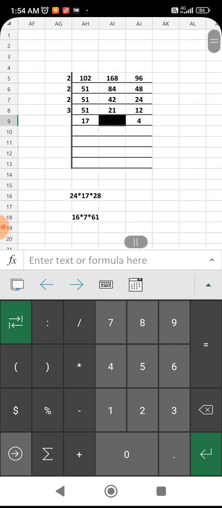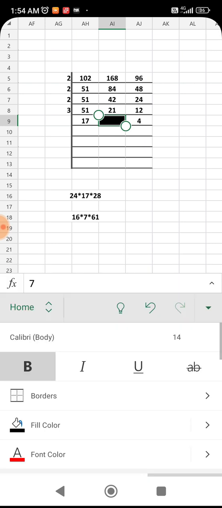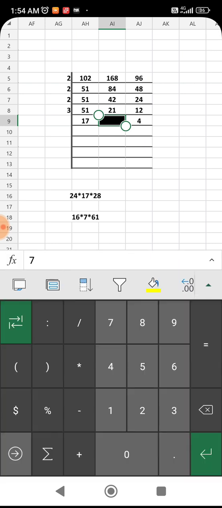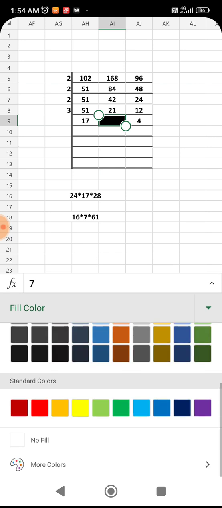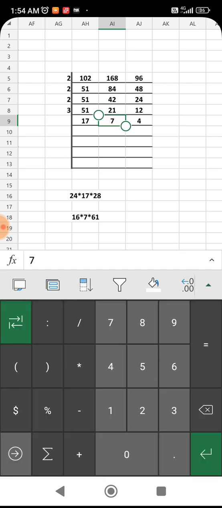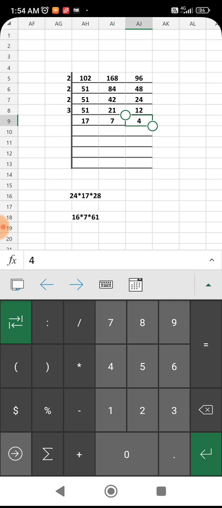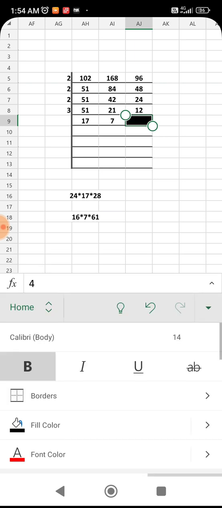Now 96, I have to cover 96. I forgot to uncover this hand. Okay, 96 means I must cover this one first. Due to these two, it is changed. 98 has become 48.